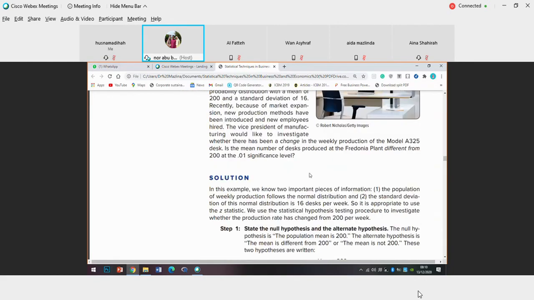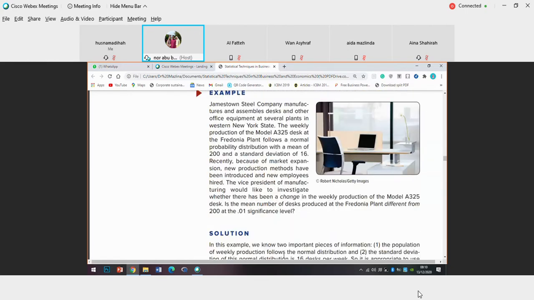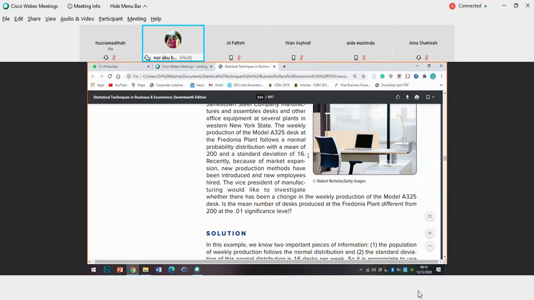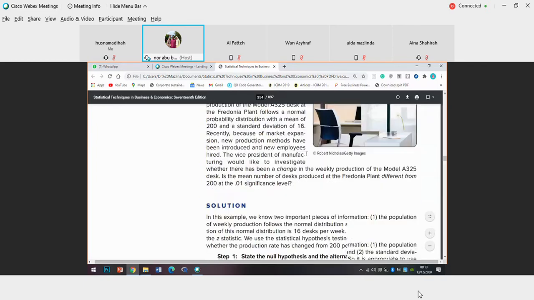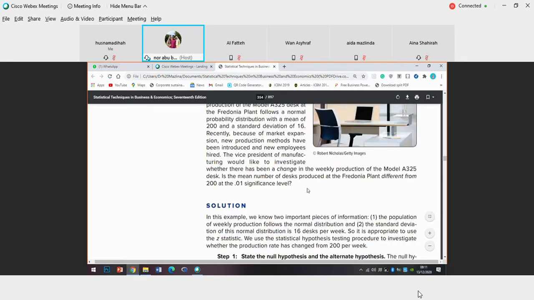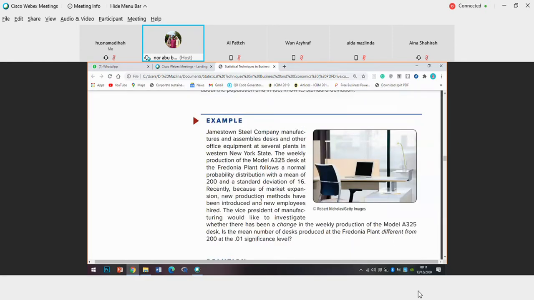this example yang kita buat ni kan, example untuk desks ni. Okay, kita ada hypothesis, right? H0 and H1. Okay, saya recall balik dekat company ni apa yang berlaku adalah setiap minggu dia dah tahu on average they have a mean of 200 desks being assembled.